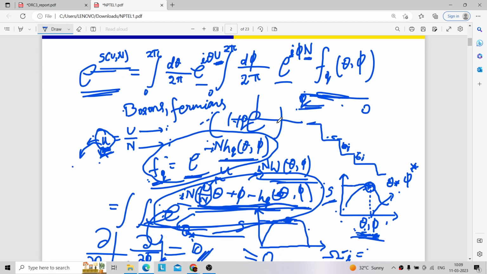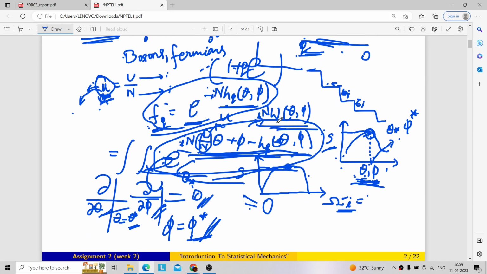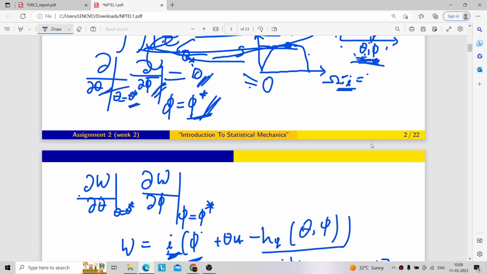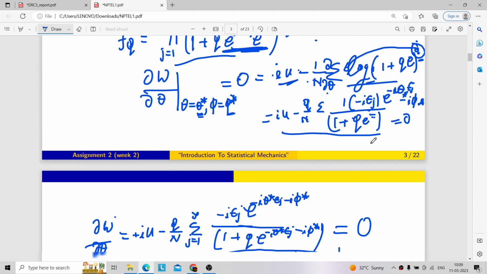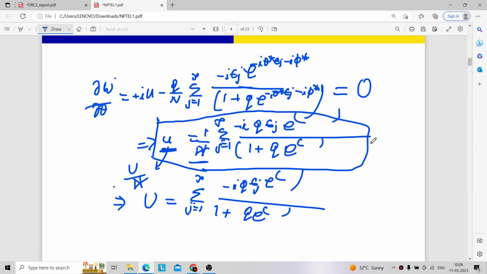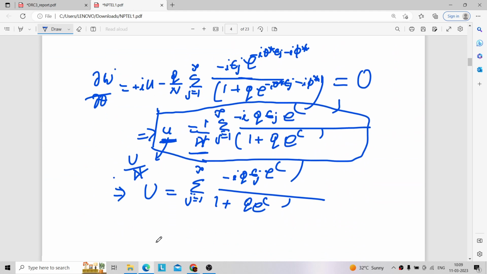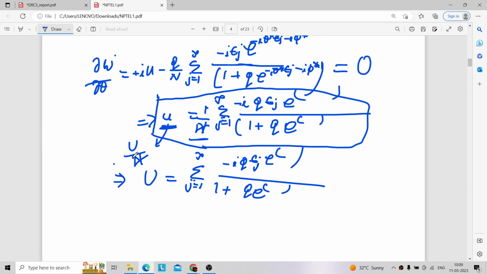That's why we take the derivative with respect to theta and phi to find the saddle point, and in this process we have to equate it to 0. So during equating it to 0, what we found? We found this u, which is the total internal energy, is a function of theta and phi.